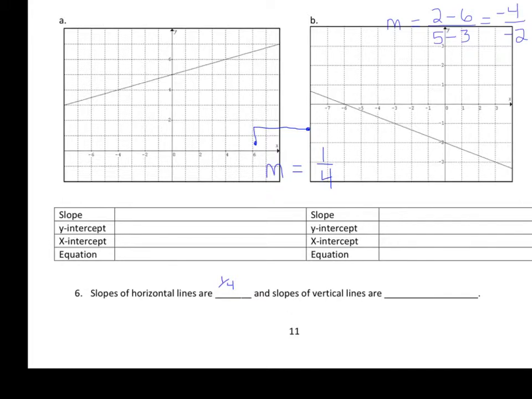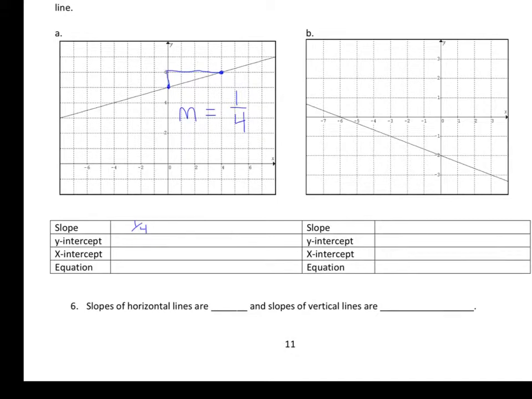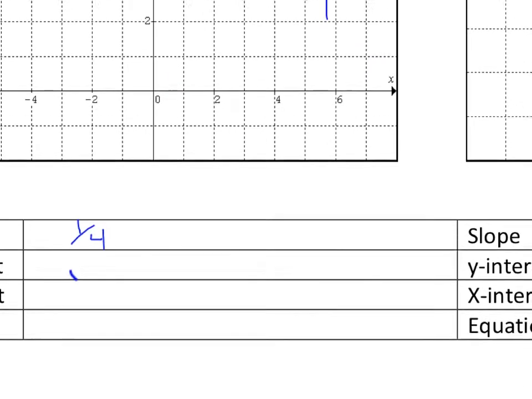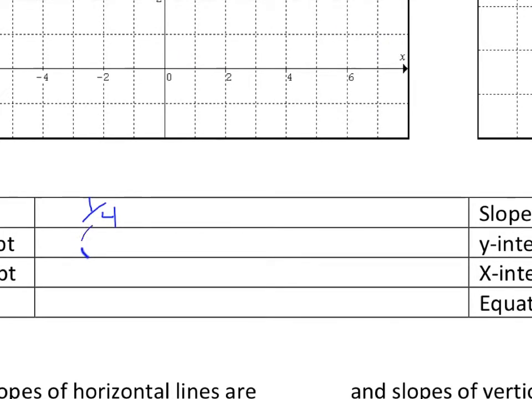Now the y-intercept is where the graph crosses the y-axis, and we can see that that's happening at the point 0, 5.